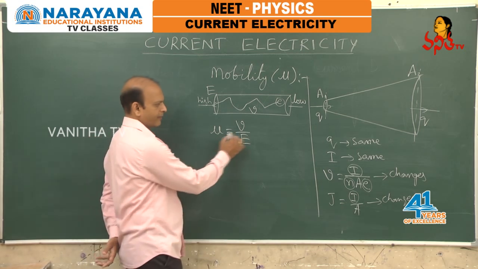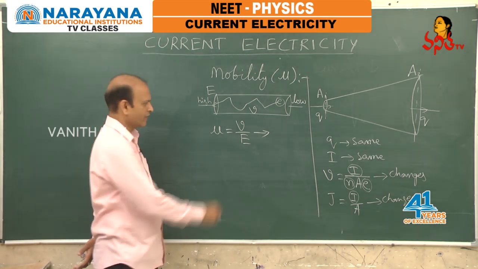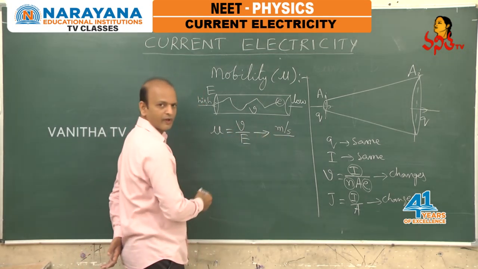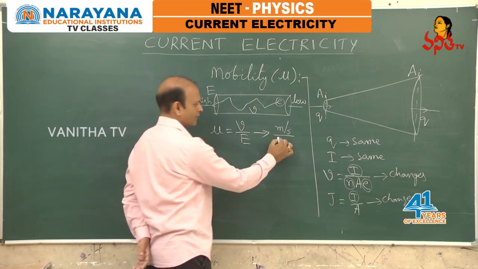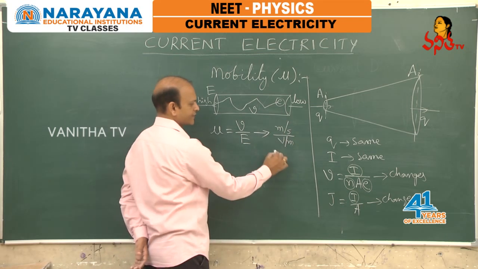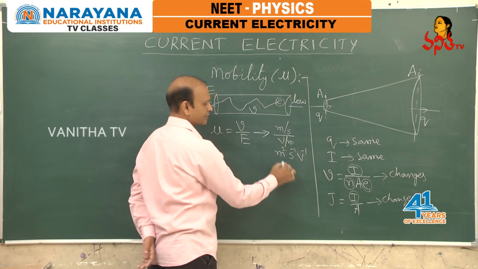Now here the unit for this mobility, if you observe, drift speed is meter per second and electric field is volt per meter, therefore the unit for mobility is meter square per second per volt.